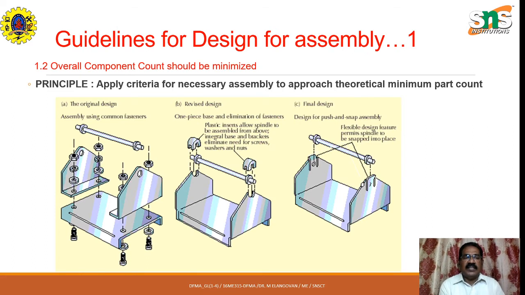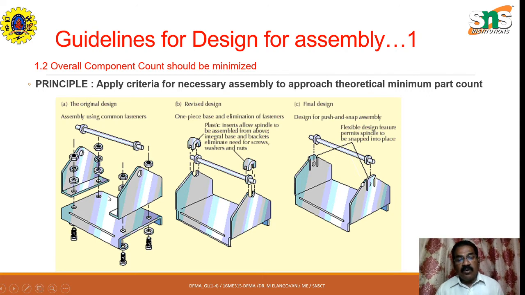Now let us look at this particular example. The overall component is the sheet metal one, and then you see that there are these washers, etc. Then there's a requirement that this particular shaft-like thing must be assembled inside. Now, they had thought of a better design and tried to revise the design.